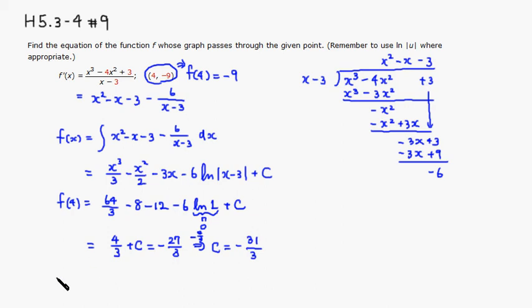So therefore, the function we're looking for is f of x equals x cubed over 3 minus x squared over 2 minus 3x minus 6 natural log of the absolute value of x minus 3. Then we just found that c is negative 31 over 3. All right, let's type it in.